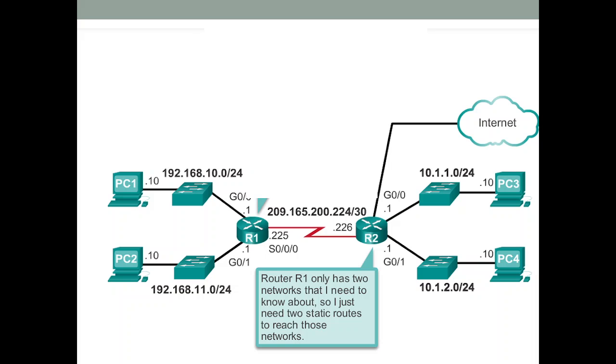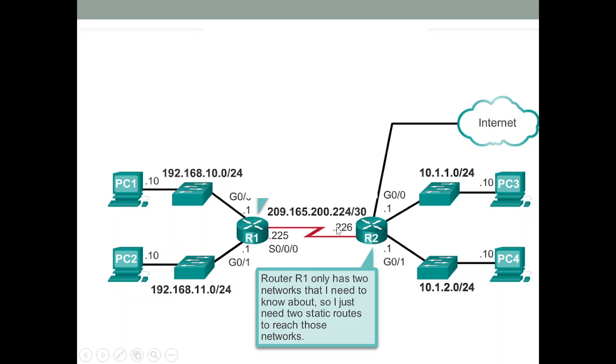When you are counting the networks in a topology or in any network design, you simply count the cables connecting to the routers. That will determine how many networks you have in any network design. So let's count this. This is one cable. This is the second cable. This is the third cable.